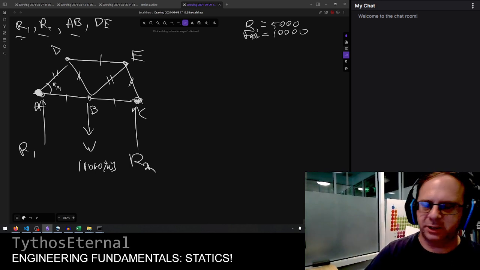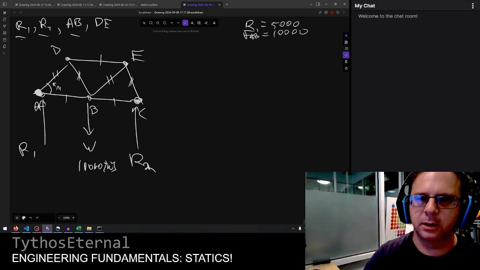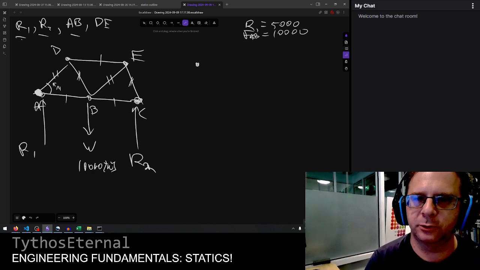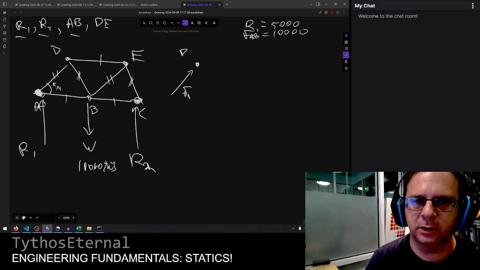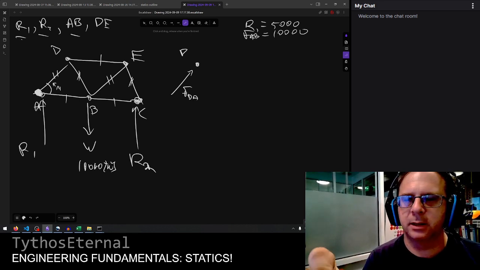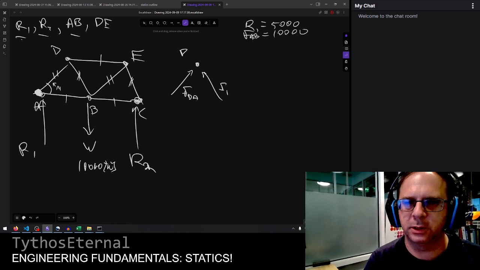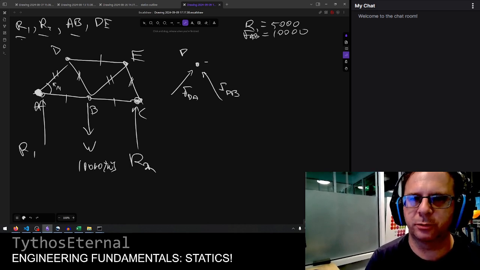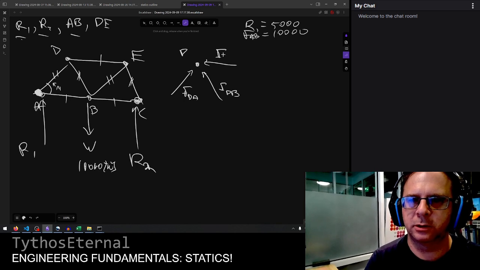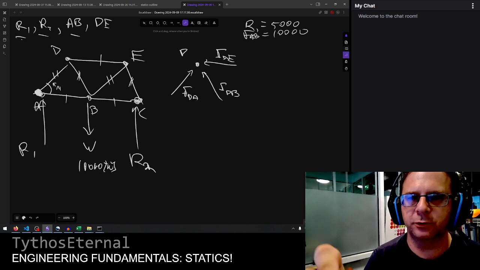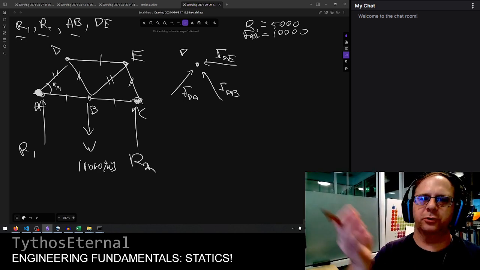We could do B next, but we're going to skip straight to D. So if we consider the point at D, there will be some force on D applied from A. There will be some force against D applied from B, and there will be some force on D applied from E, right? Those are the three forces, and there's no moments, these are joints.